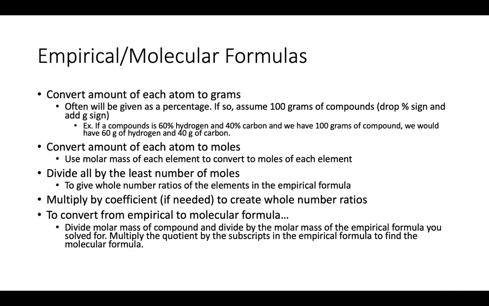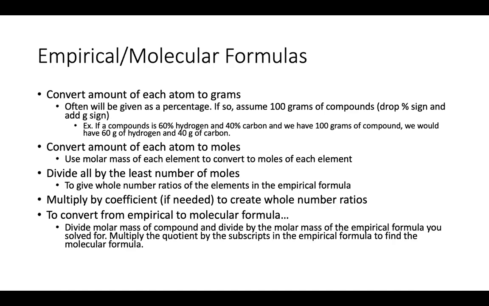Once you have grams of each of your atoms, you're going to convert them to moles, so moles of each element. Once you have moles of each element, you're going to divide them all by the least number of moles to give you a whole number or a ratio between them. Then if needed, you're going to multiply this ratio by some coefficient, making them whole number ratios.